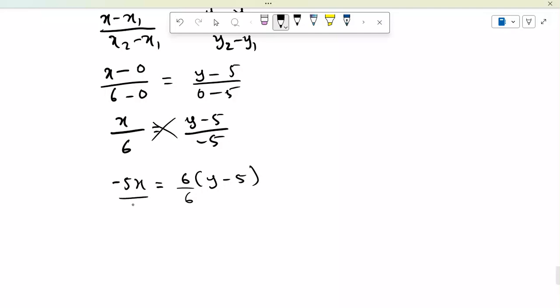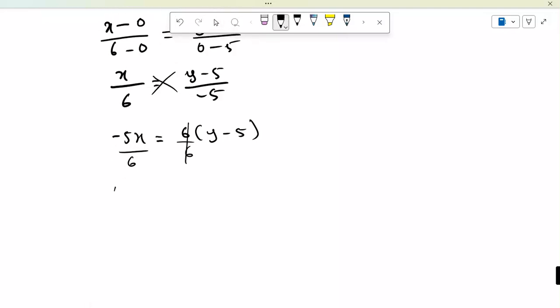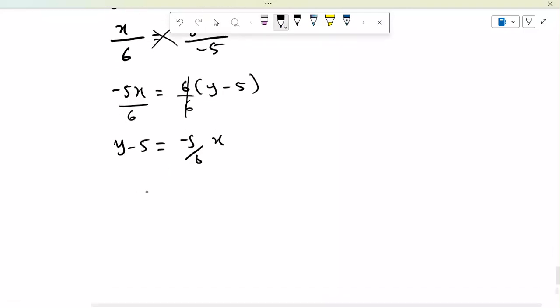We don't want the 6 because we want y to be the subject. So we have y minus 5 equal to negative 5 over 6 x. Take the 5 this side. So we have y equal to negative 5 over 6 x plus 5.